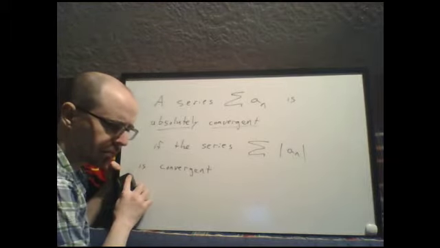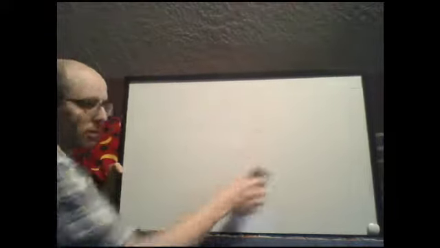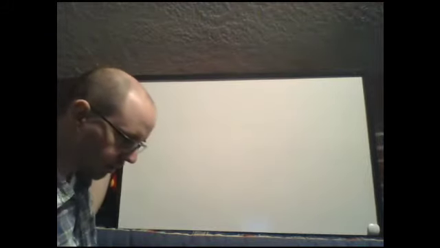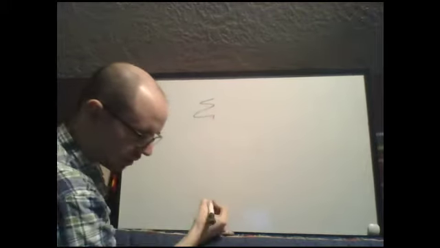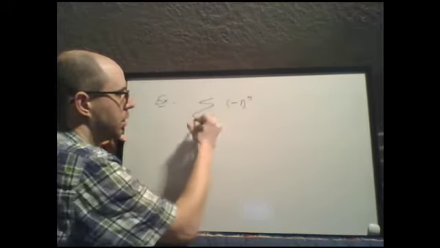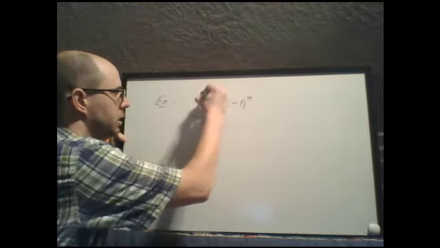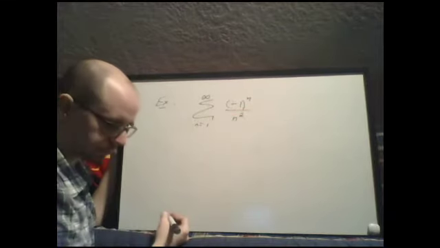Let's look at some simple examples that we already understand. All right, so for example, one that we've already looked at, the summation of negative 1 to the n over n squared.